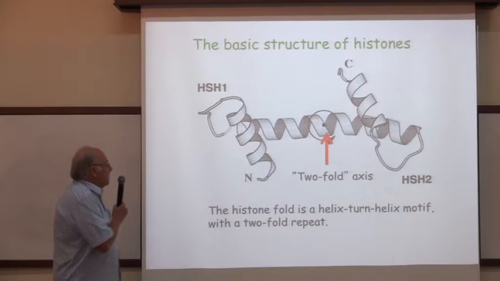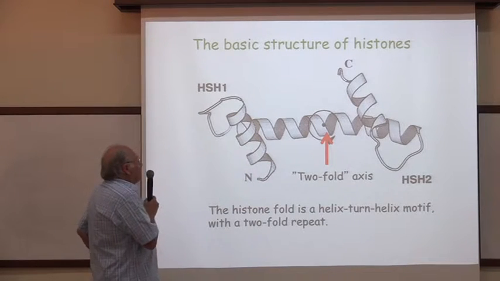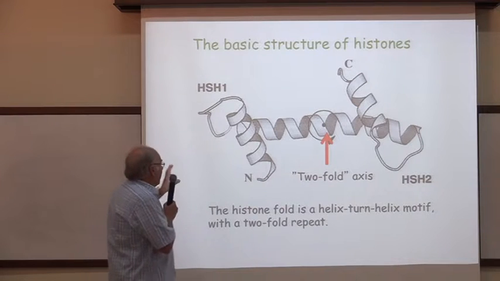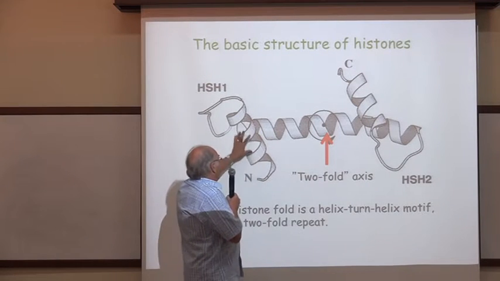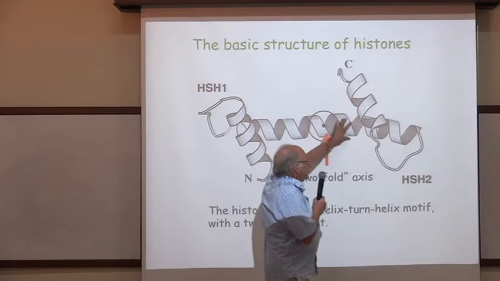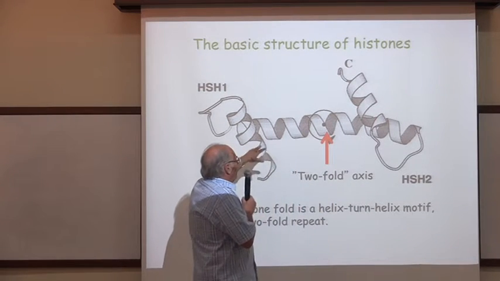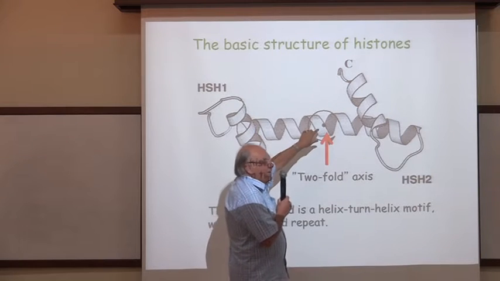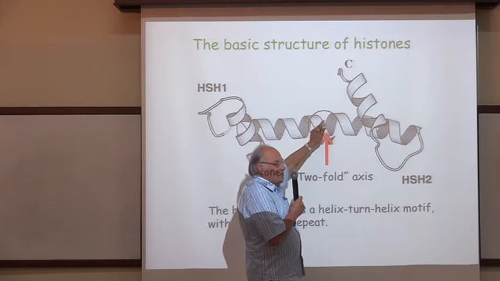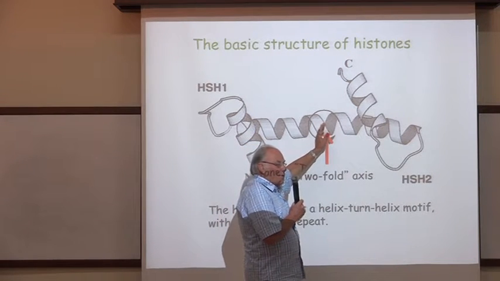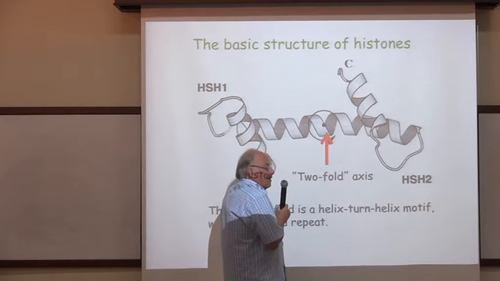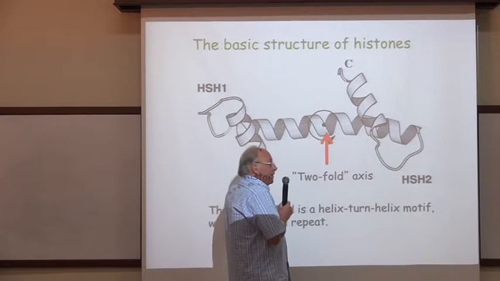So this is the structure of the histone fold. So this is the N-terminal helix. Here's the long helix. And then there's a C-terminal helix. And if you look at it, it looks as if it has a twofold symmetry. But of course, this is not a real twofold symmetry because the chain has a certain direction. Amino end is here.